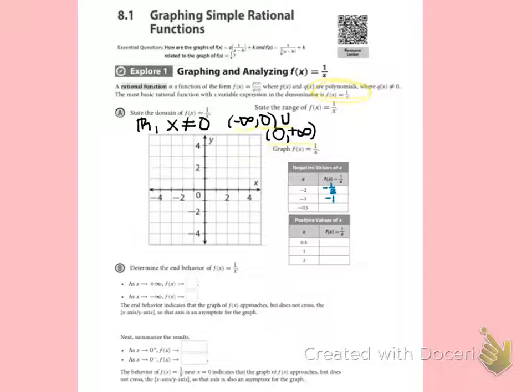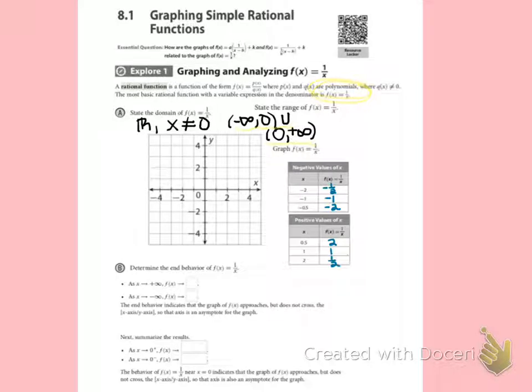If I substitute in -1/2, 1 divided by -1/2 is actually -2. Now looking at those same inputs but positive, if I substituted in 0.5 or 1/2, that would be a +2. If I substituted in 1 for x, that would be 1 divided by 1, which is 1. And if I plugged a 2 in, that would be 1 divided by 2, which is 1/2.